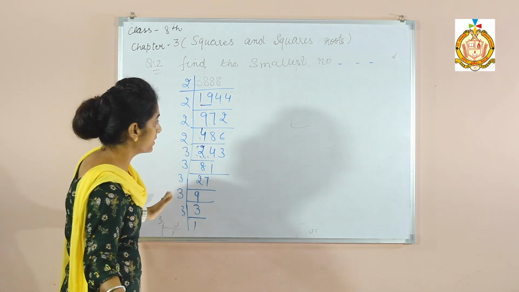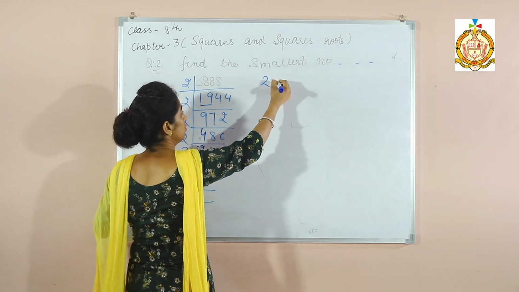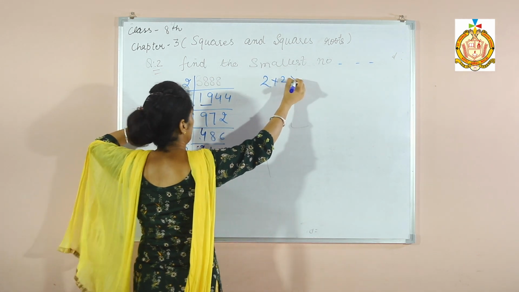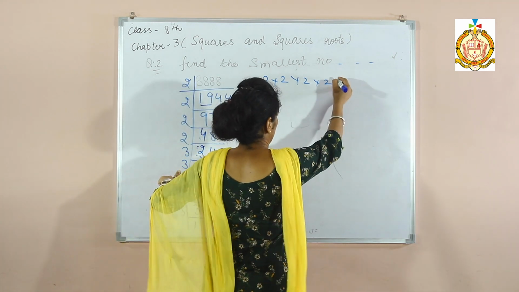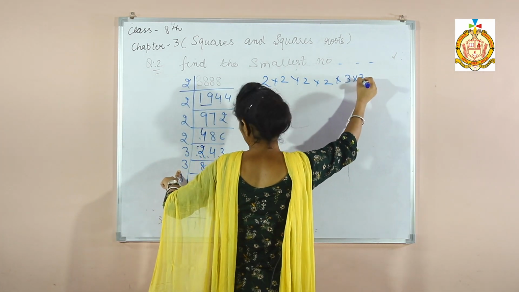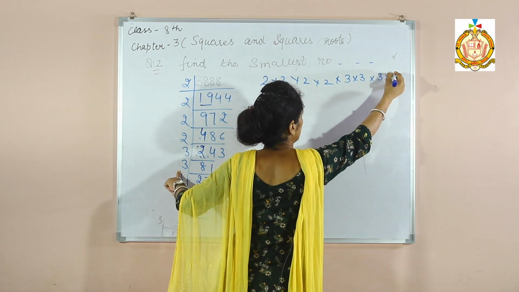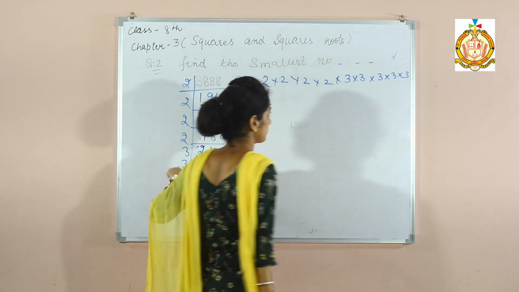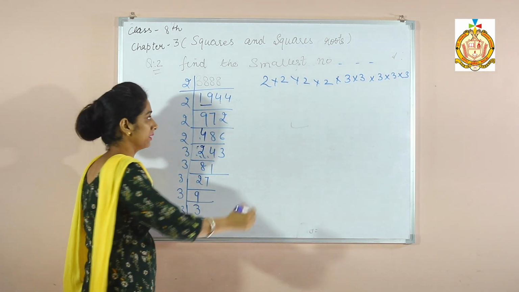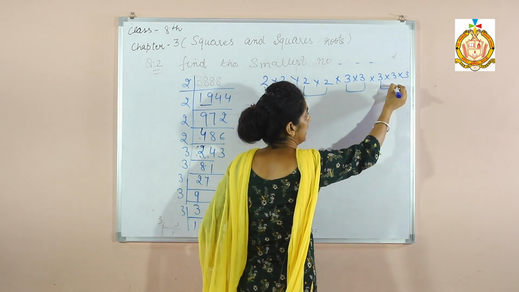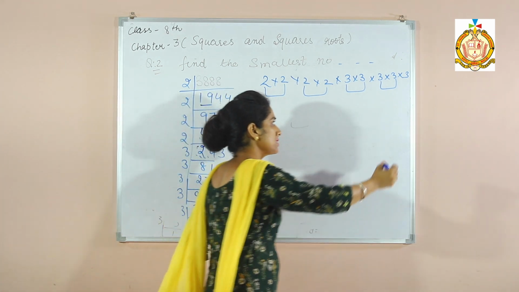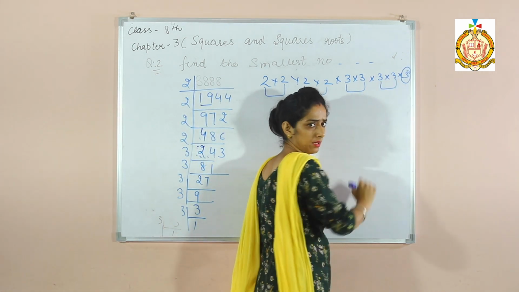Write all these factors: 2 multiplied by 2 multiplied by 2 multiplied by 2, then 3 multiplied by 3, 3 multiplied by 3, and 3. Now make pairs: this one, this one, this one, and this one, and this one is not in a pair.